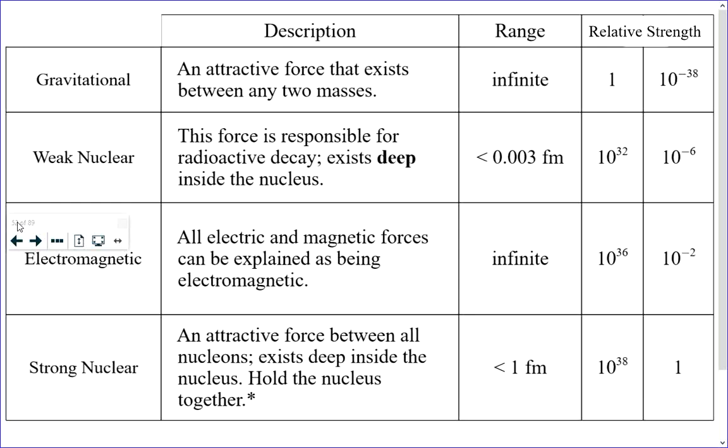You are expected to know the order of strengths, and I would say be somewhat familiar with these relative strengths. Finally, if you assign one to strong nuclear, you can figure out how strong the other ones are based on that, and that's where the negative exponents come from.